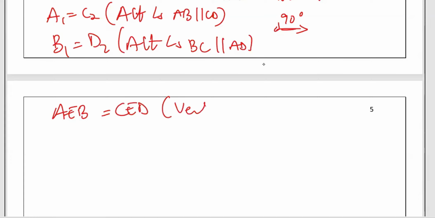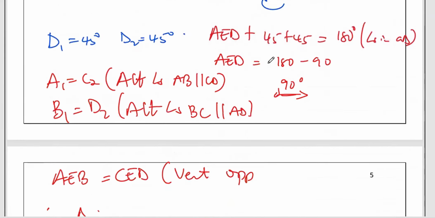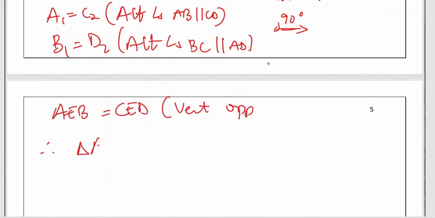CED, vertically opposite. Therefore, triangle AEB is congruent to triangle CED because we focused on the angles.